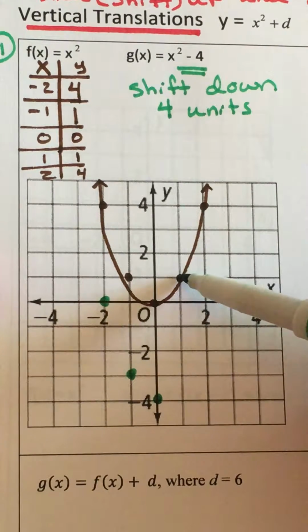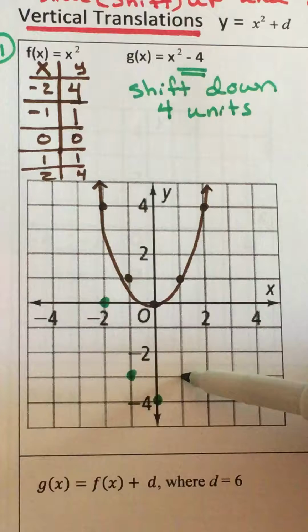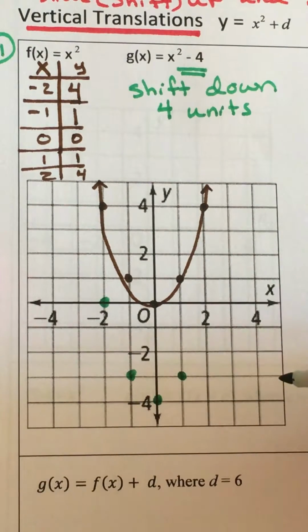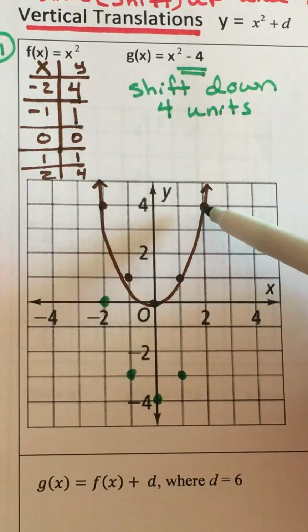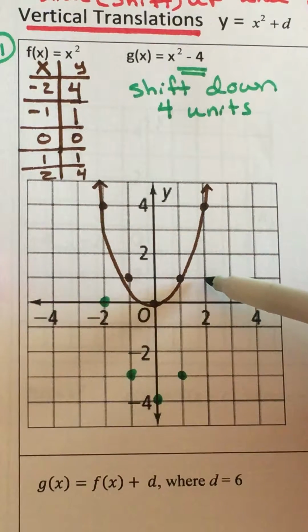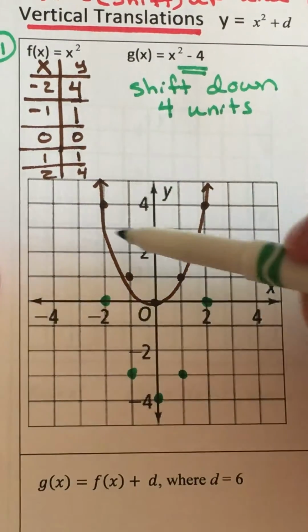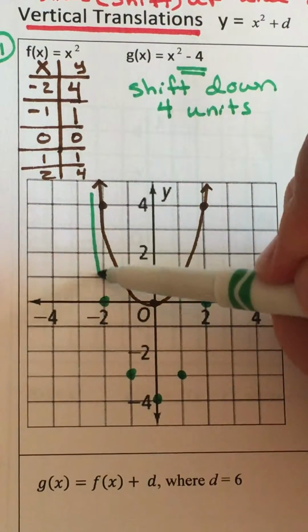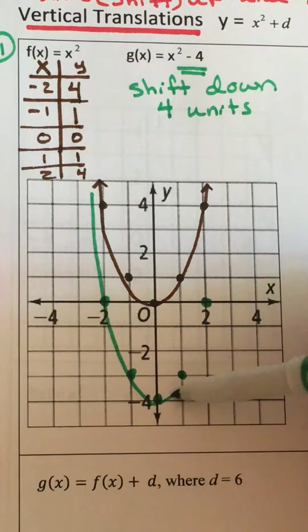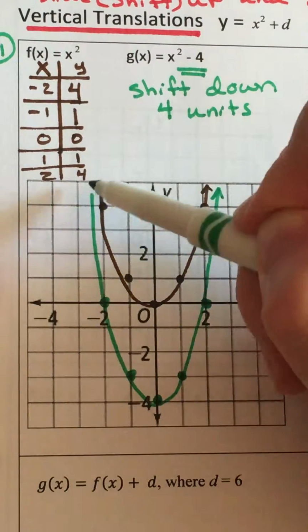My fourth coordinate point, 1, 2, 3, 4. Positive 1, negative 3. And my fifth coordinate point, 1, 2, 3, 4. Positive 2, 0.